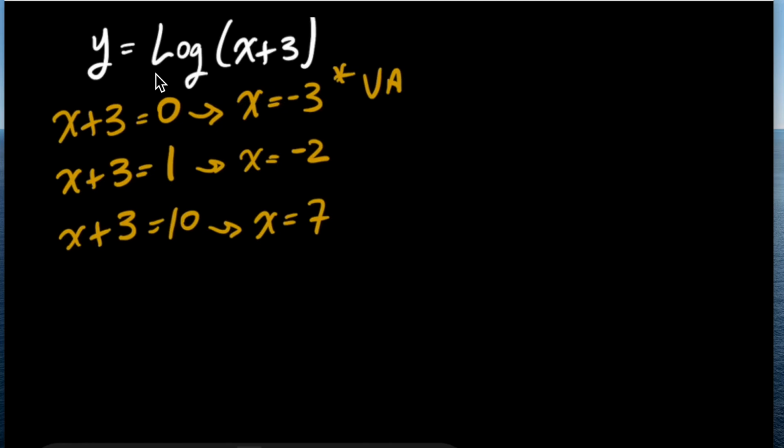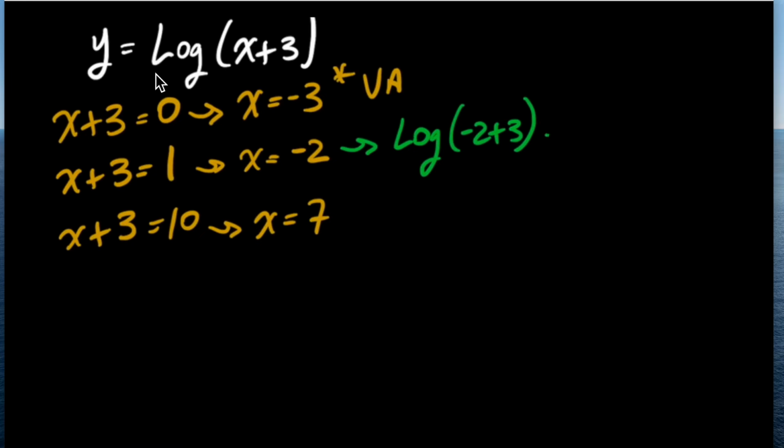Okay, let's now plug in x equals -2 into the original function. We're going to have log of -2 plus 3. That's going to equal log of 1, and that's going to equal 0. So our first point is going to be x equals -2, y equals 0.